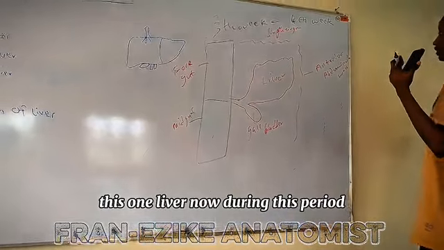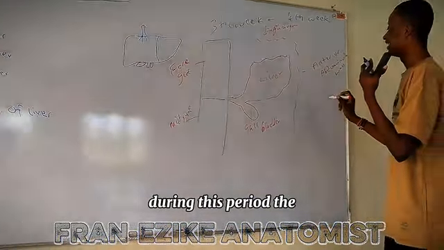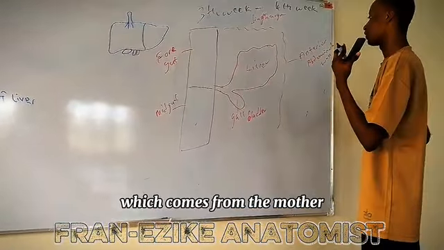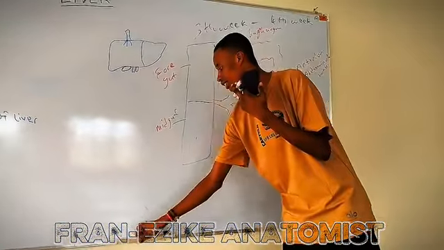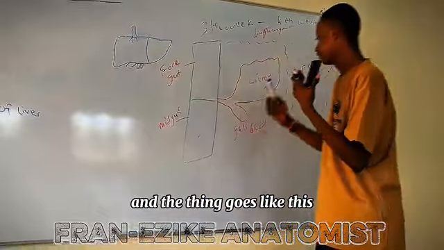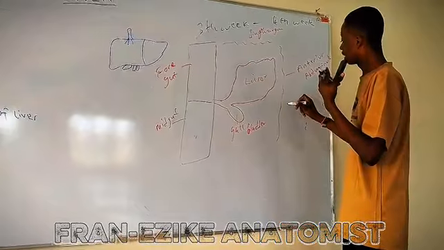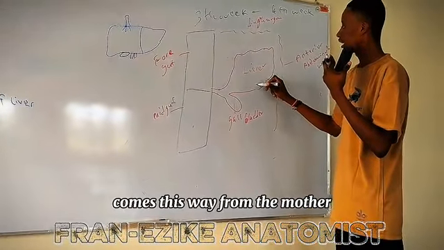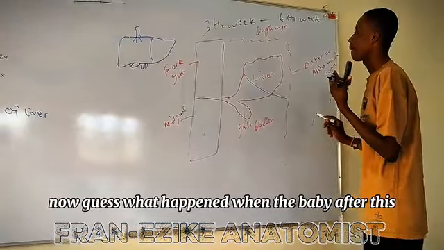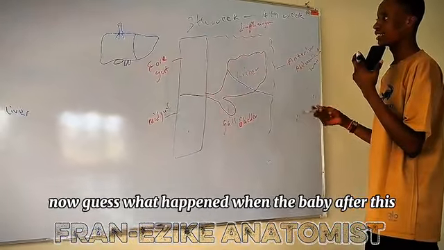Now, during this period, we have what we call the umbilical vein, which comes from the mother. That vein comes this way from the mother, and goes like this. Now, guess what happened?